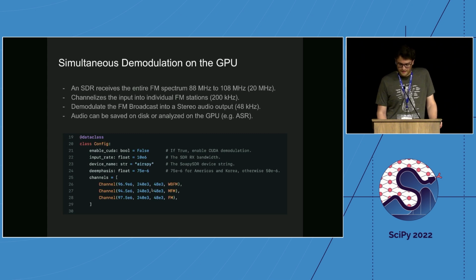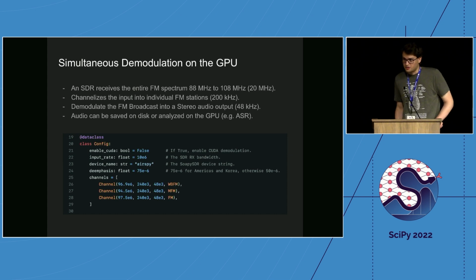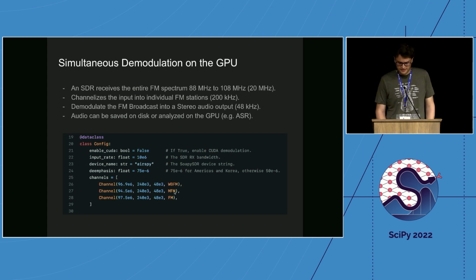And also the output sample rate, that is 48. This is generally 48, but some audio cards will need to lower this to 32 or something. And finally, which demodulator do you want to use? So wideband FM, the WB-FM, is the demodulator that will output a stereo signal, and also has the mono and just the FM for like ham stations and stuff, if you want to do that.